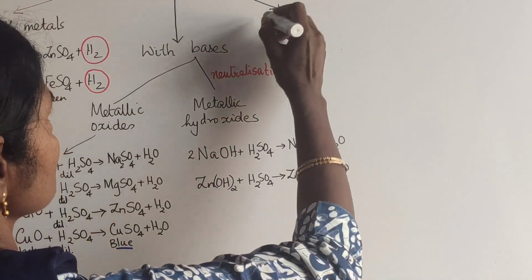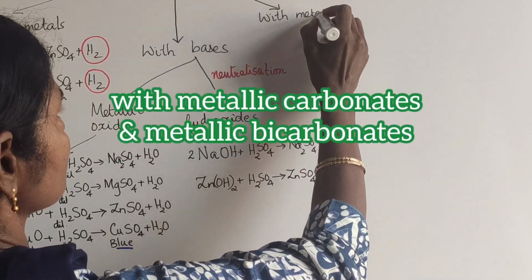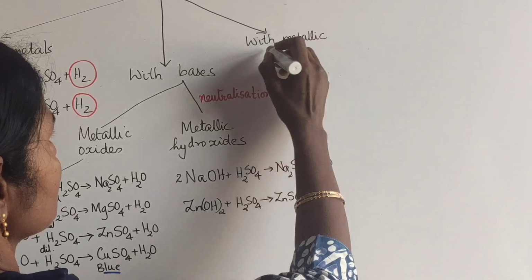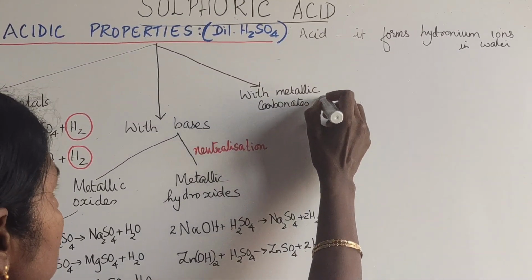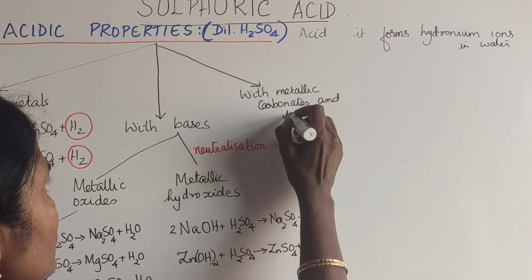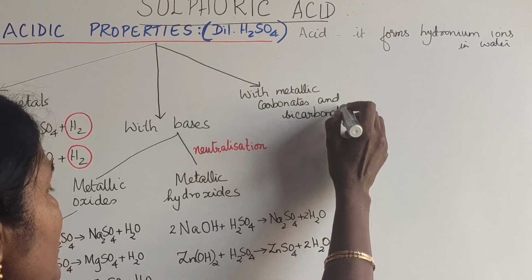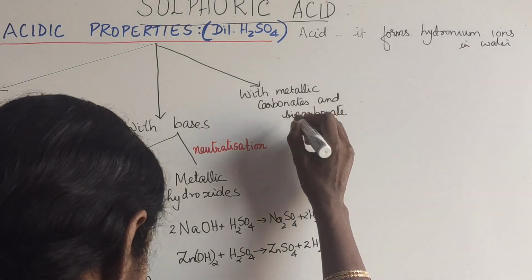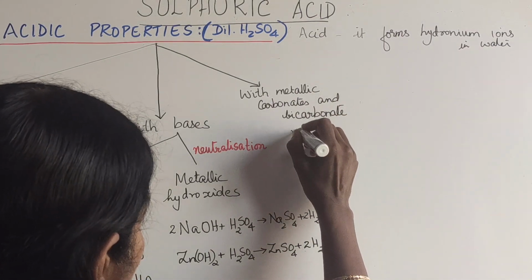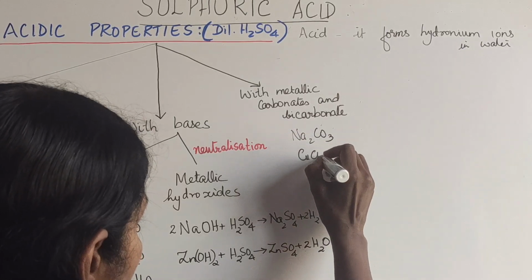Next we move on to carbonates, with metallic carbonates and bicarbonates. This would give you salt, water. Because the carbonate has CO3, in addition to that it would also give you carbon dioxide. So let us see two things, sodium carbonate and copper carbonate.